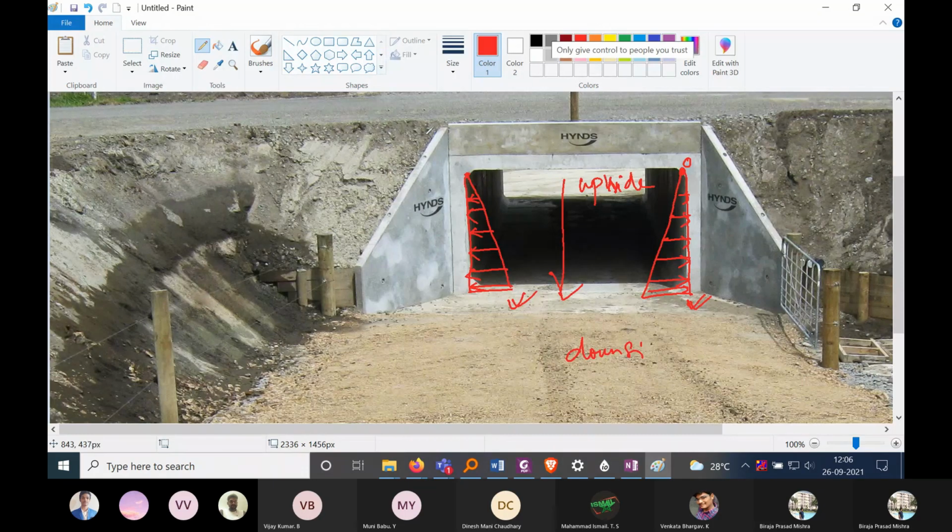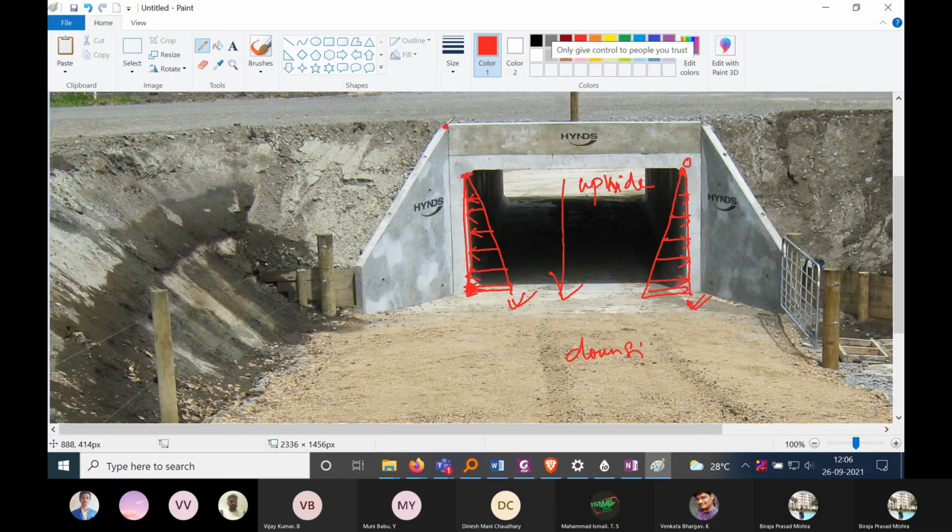Just like the water, if water is filled here, the water pressure will be least at the top, and at this point it will be the maximum.